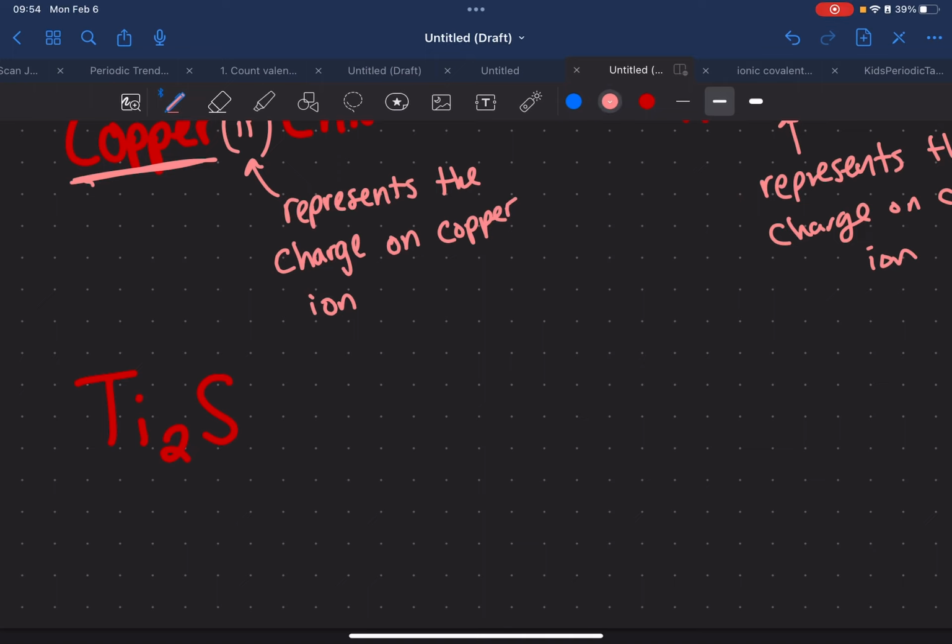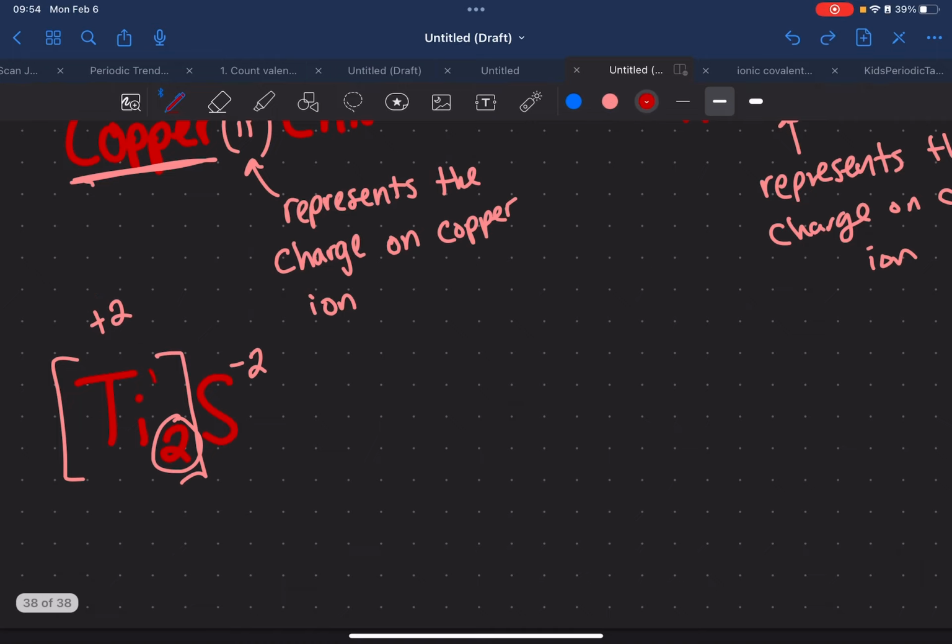Okay, let's try it. S is sulfide. I know that has a -2 charge because I know what column of the periodic table it's in. And so overall, this first part of the chemical formula must have a +2 charge. But I noticed that I have 2 titanium ions. So then what is the charge on one of those titanium ions if the overall charge is +2?